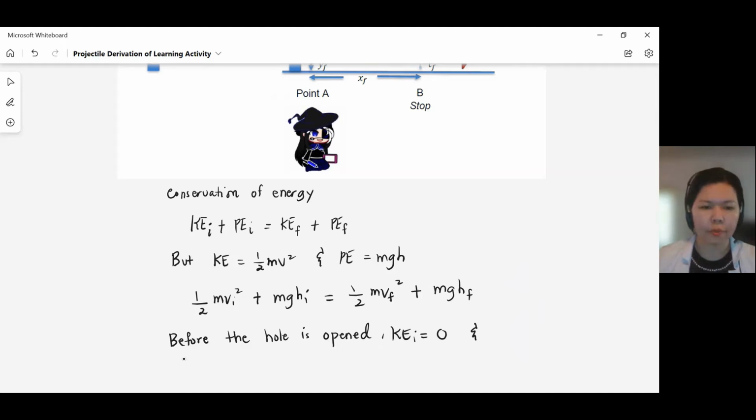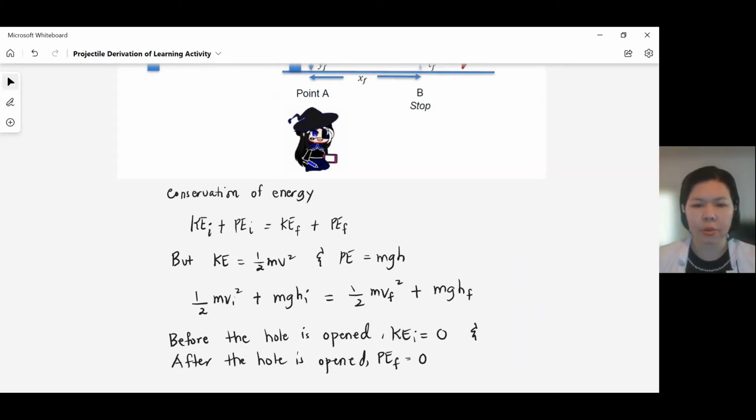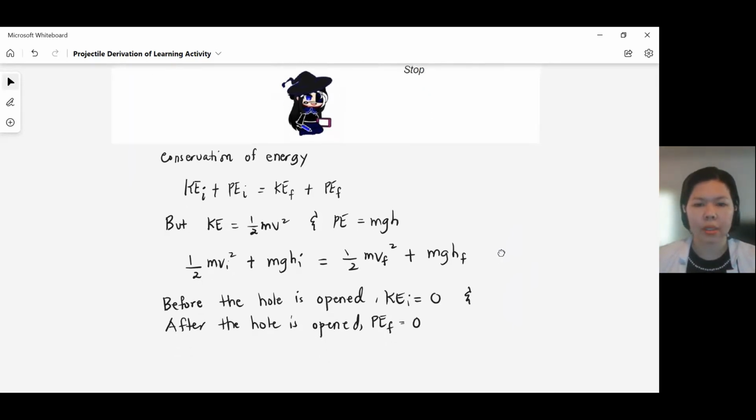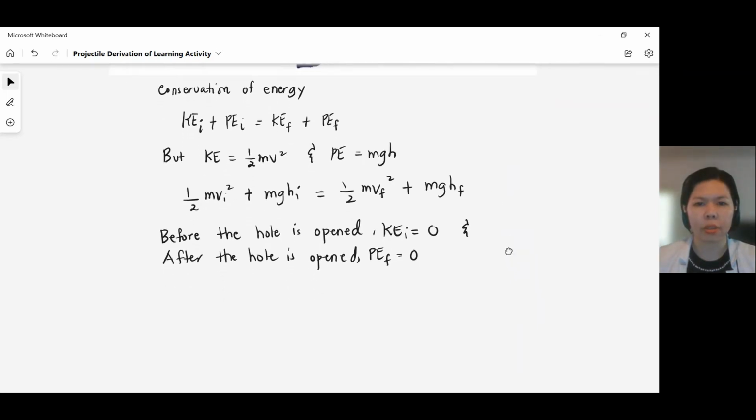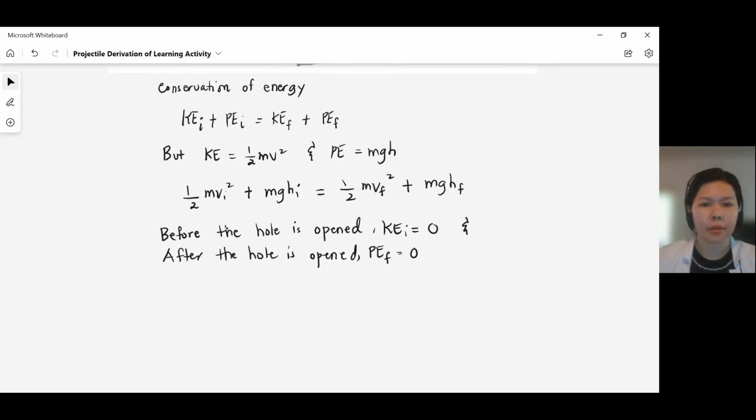And after, so right side of the equation, after the hole is opened, PE final equals 0. Here we are talking about the initial height of the water. So thus this becomes 0 and this becomes 0.